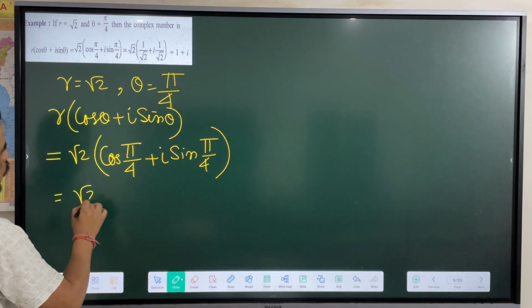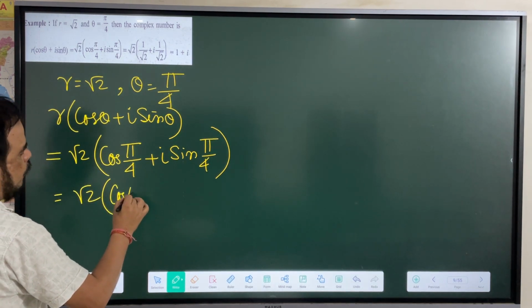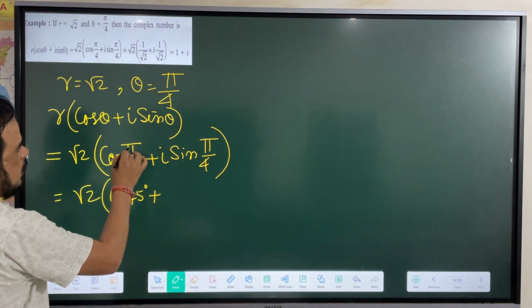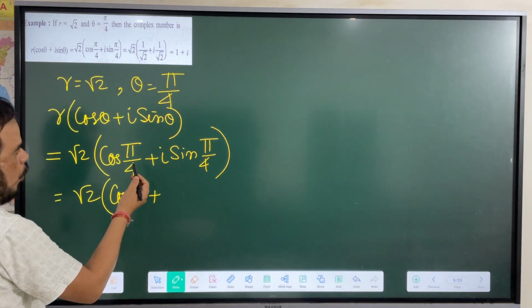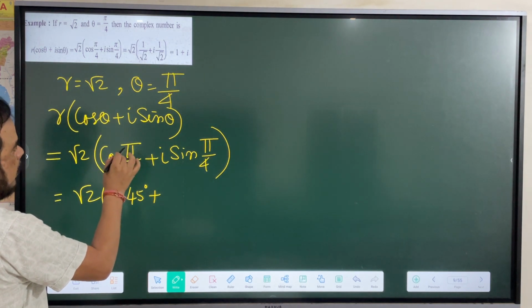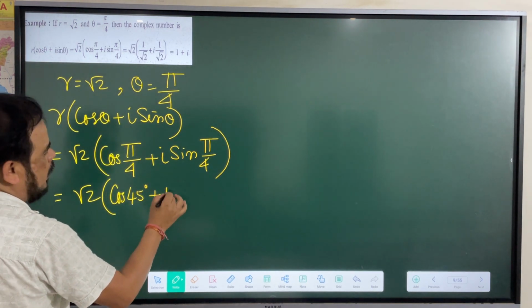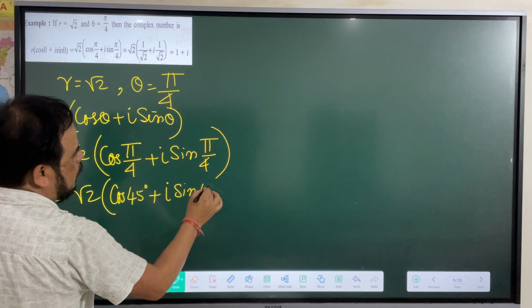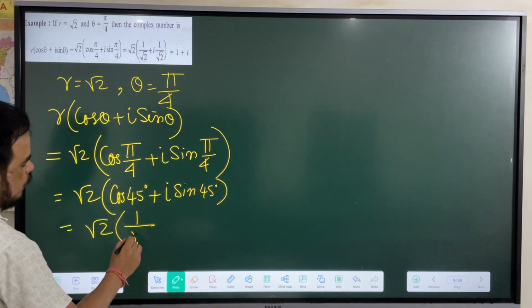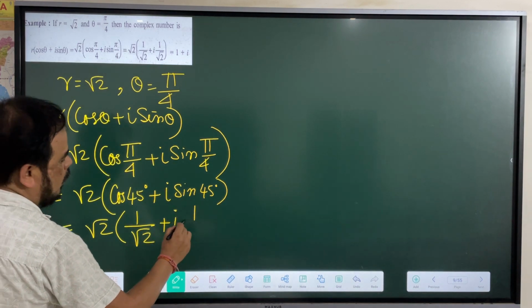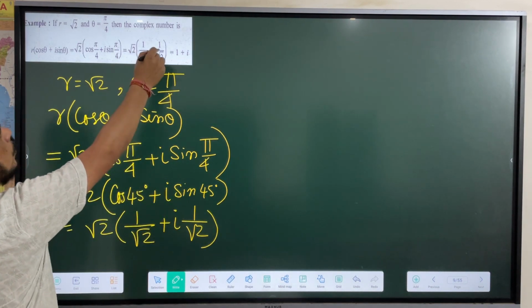So √2 cos pi by 4 means actually 45 degree. If you divide 180 by 4, you will get 45 degree. We don't have to learn by heart. Pi means 180, that much you have to know. i sin 45 degree. So √2 cos 45 degree, value is 1 by √2, i 1 by √2.